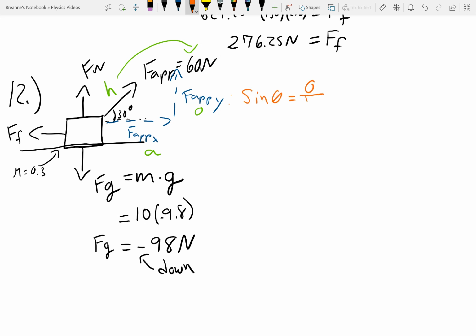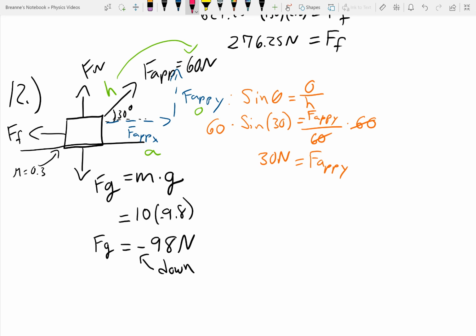Sine of theta equals opposite over hypotenuse. Your opposite is your force applied in the y. Your hypotenuse is 60. You want your force applied in the y by itself, so you get 60 sine of 30, and you get 30 newtons.